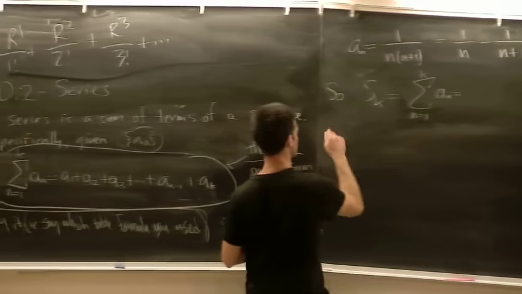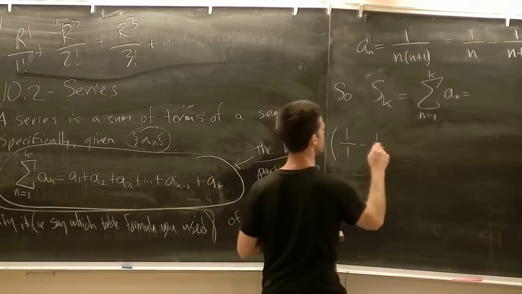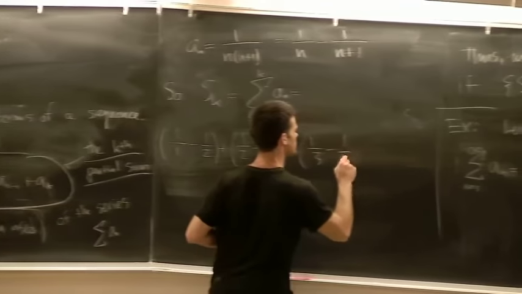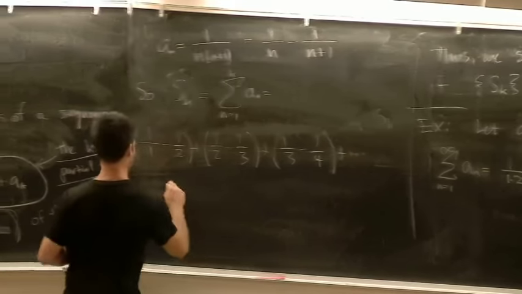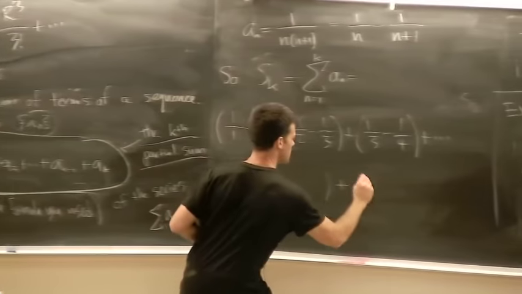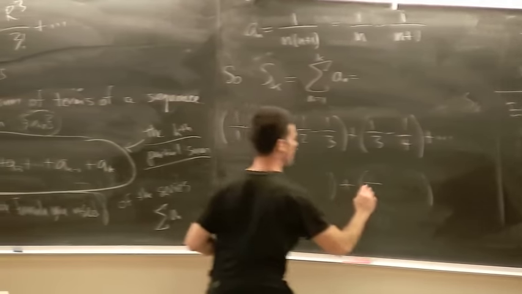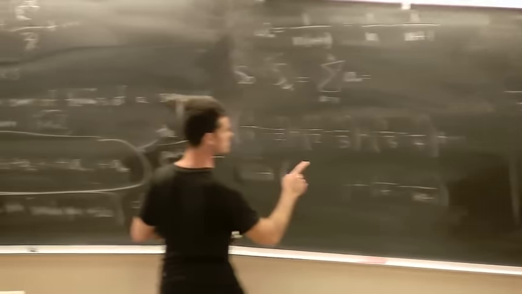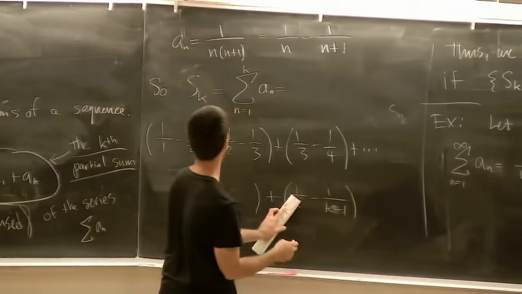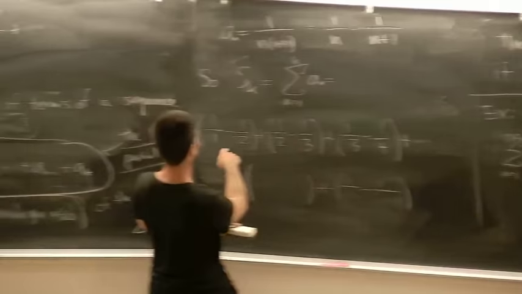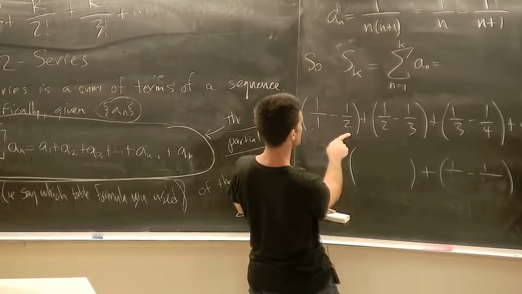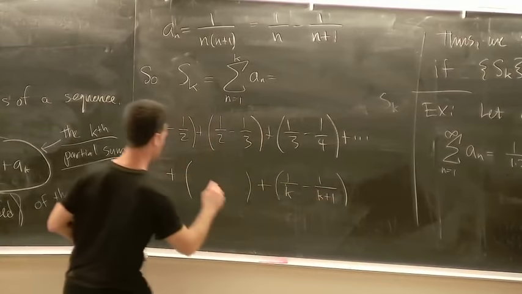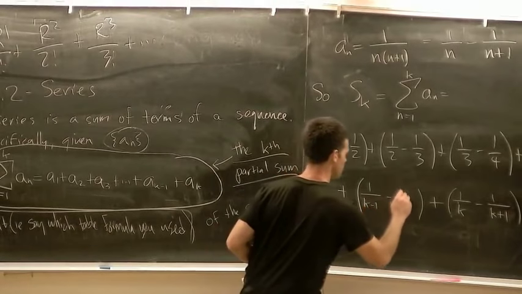Let me write it all out here: 1 over 1 minus 1 over 2, plus 1 over 2 minus 1 over 3, plus 1 over 3 minus 1 over 4, and then the last term will be 1 over k minus 1 over k plus 1.